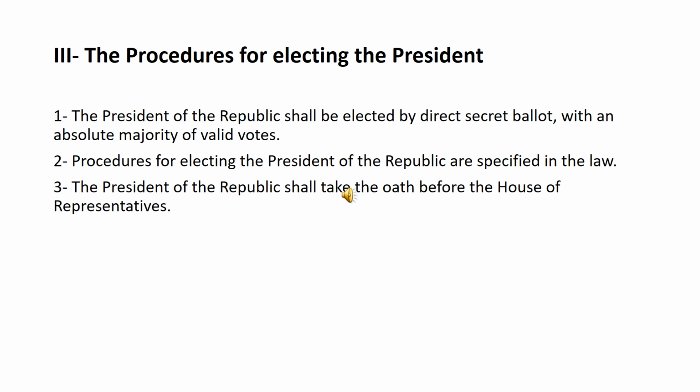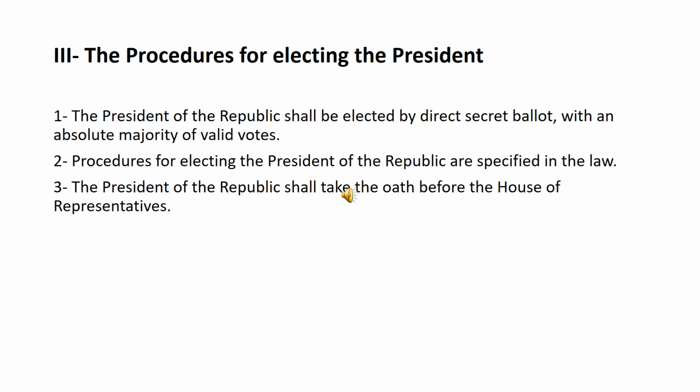The procedures for electing the president. The President of the Republic shall be elected by direct secret ballot with an absolute majority of valid votes. The same applies here as in the House of Representatives elections.